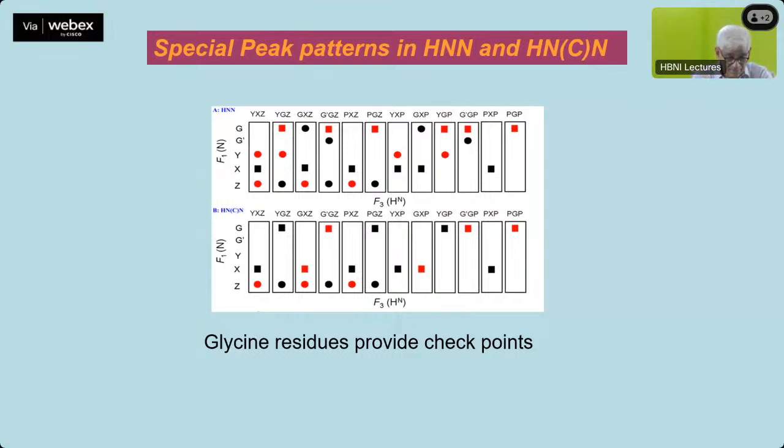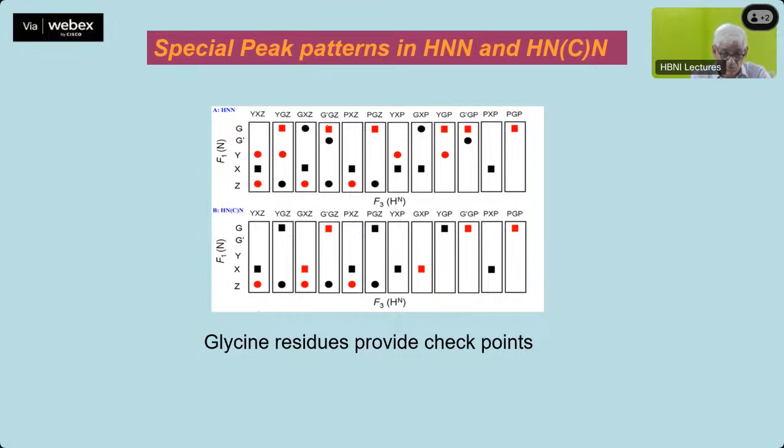X is this one here, that is the diagonal, this is self. But the sequential to G is positive. This is not negative, unlike here, this is positive. And the next sequential is negative. So you have 2 positives and 1 negative here, and 1 positive and 2 negatives there. If I go here, G dash ZZ, the diagonal is negative, but the sequential to the next glycine is positive.